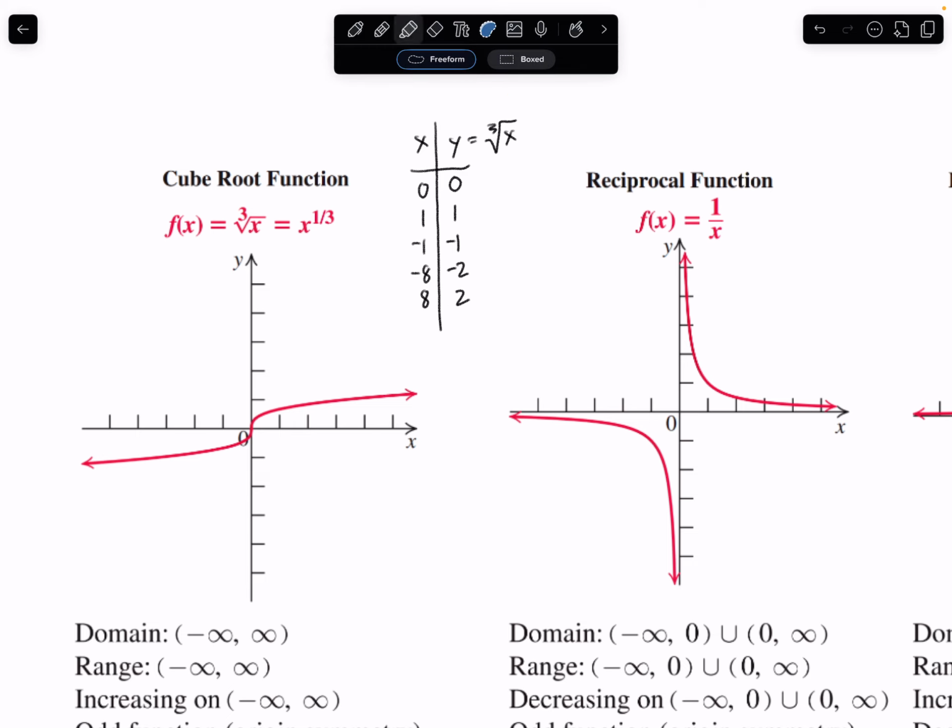So I got all those points. Let's plot them. 0, 0, 1, 1. Okay, you guys look like you're a little off in your picture. Maybe these are scales of 2. Okay, -1, -1. -8, -2: 1, 2, 3, 4, 5, 6, 7, 8. -1, 2, that would be here.